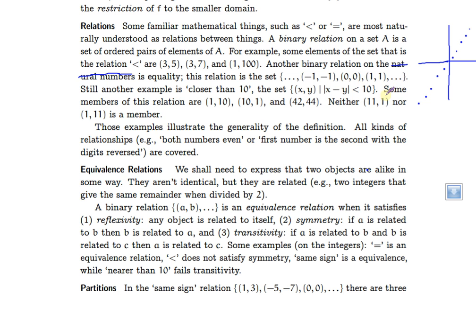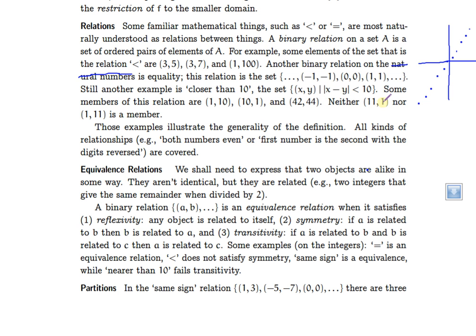Now another example is closer than 10. If I take two numbers x and y, if the absolute value of x minus y is less than 10, then that pair of numbers is considered to be in this relation. So we're identifying this relation closer than 10 with all pairs of numbers that satisfy this condition. And of course, (11, 1) and (1, 11) are not in the relation because they're not closer than 10.